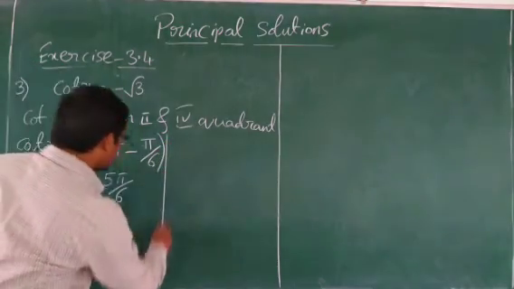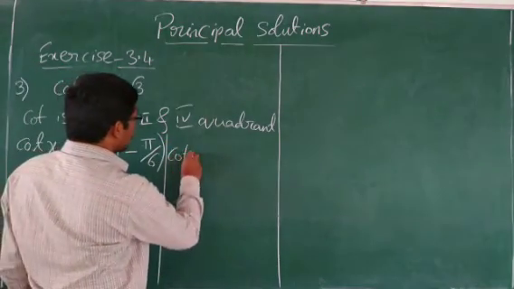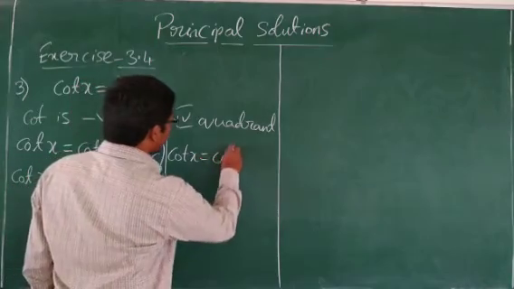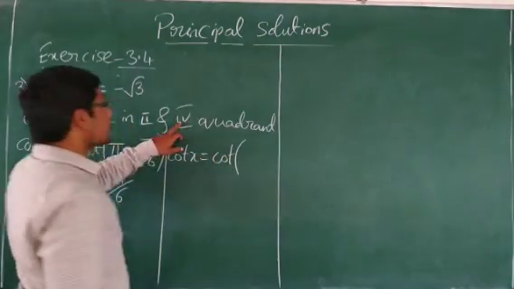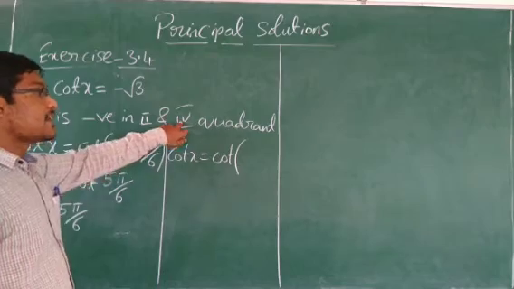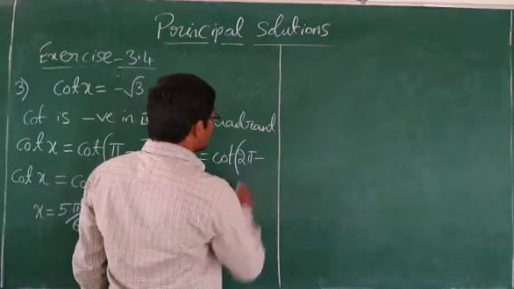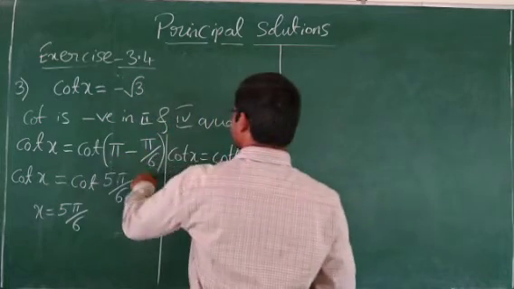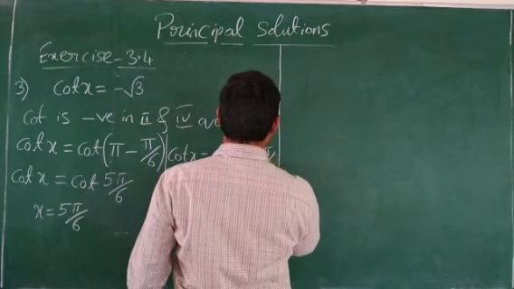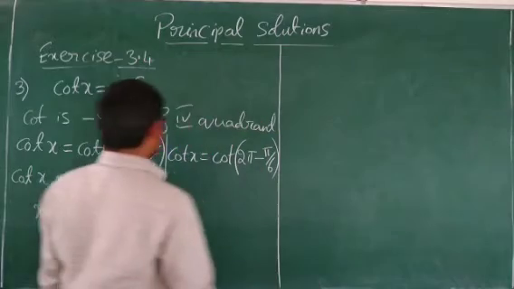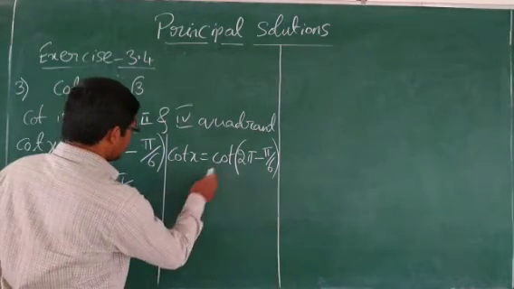Now for another angle, cot x is equal to cot of the fourth quadrant angle. How do we get any angle in the fourth quadrant? In the fourth quadrant you should take 2 pi minus, and again this same basic angle, pi by 6.